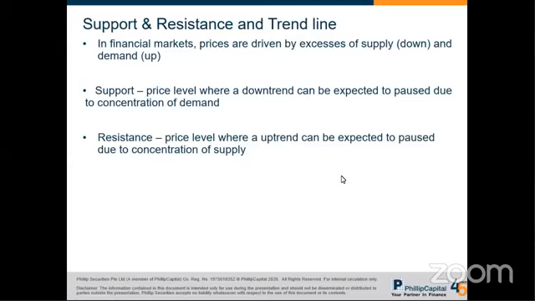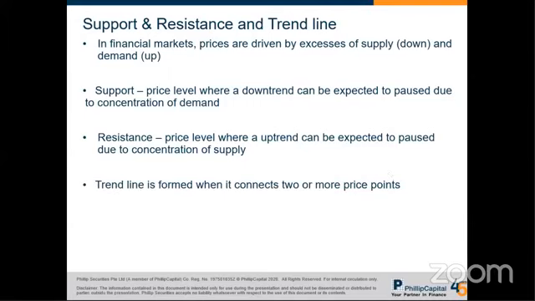So support level is where a downward move is expected to pause or potentially reverse due to a concentration of demand. Resistance is the same thing: sellers will be waiting there to sell, so there will be an excess of supply.